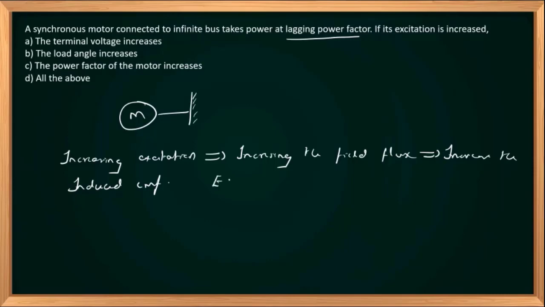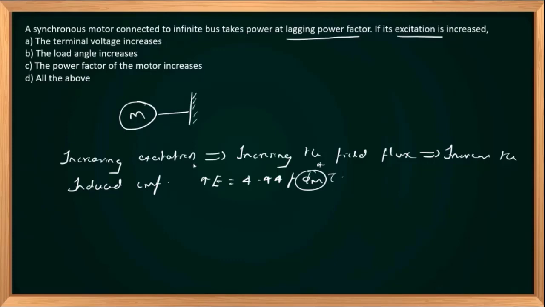We know that the equation of induced EMF is 4.44 into f into phi m into number of turns. So if you are increasing the amount of flux, you are ultimately increasing the induced EMF E. That means if you are increasing the excitation, the terminal voltage is increased in normal cases.